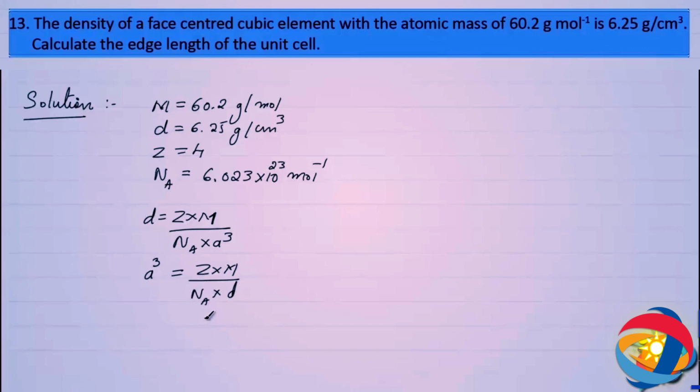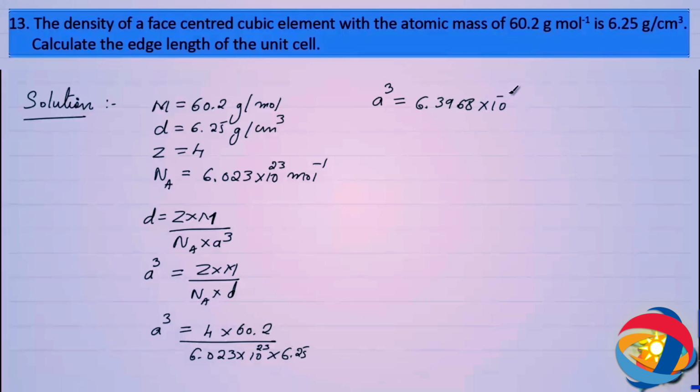On substituting the values in the above equation, we get A cube is equal to 4 into 60.2 divided by 6.023 into 10 to the power 23 into 6.25. And we get the value of A cube as 6.3968 into 10 to the power minus 23. Let us convert the exponent minus 23 into minus 24, which is divisible by 3.